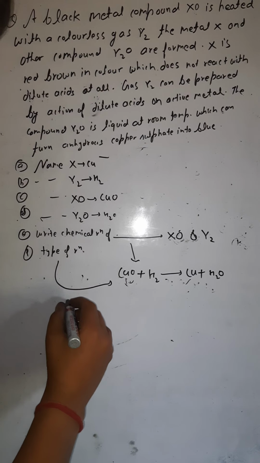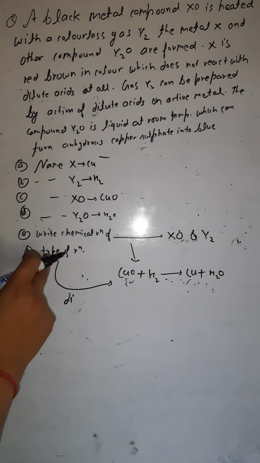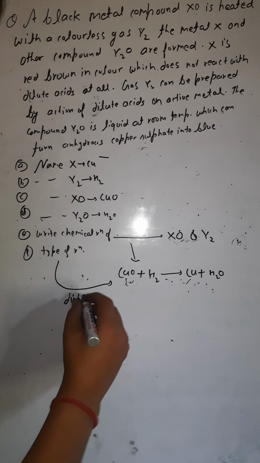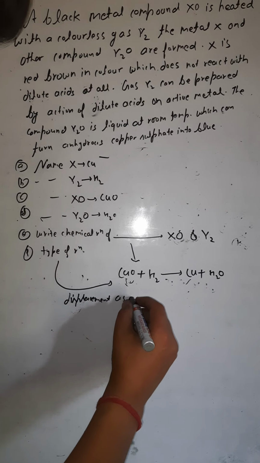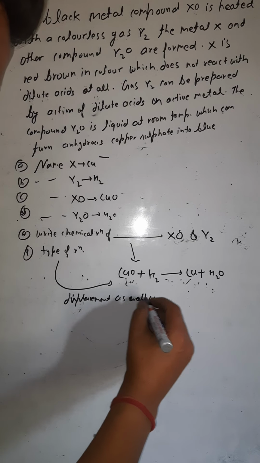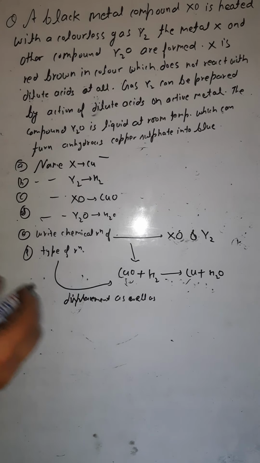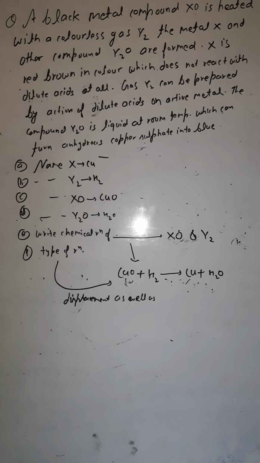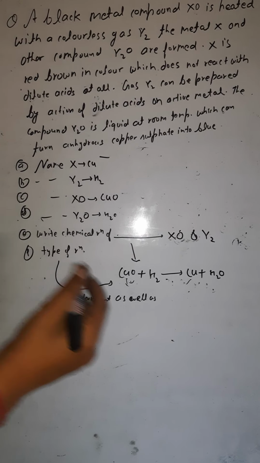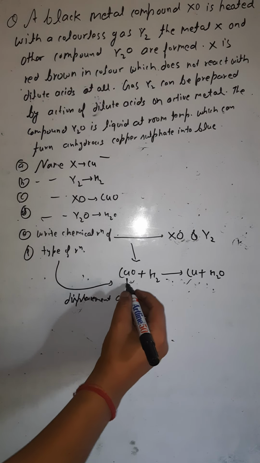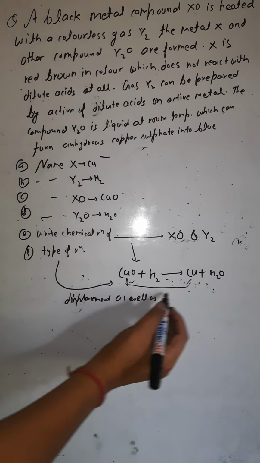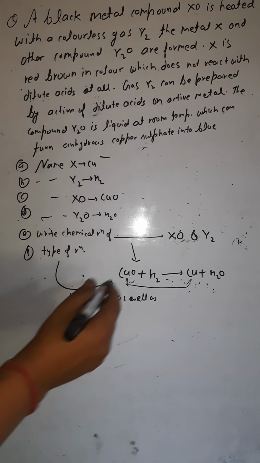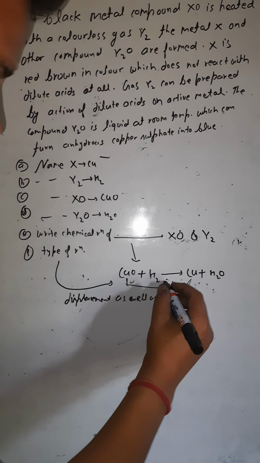Yes, it is displacement, but here you can see one more thing. CuO had oxygen, now it does not, so there is removal of oxygen from Cu. Where there is removal of oxygen, you call it reduction.